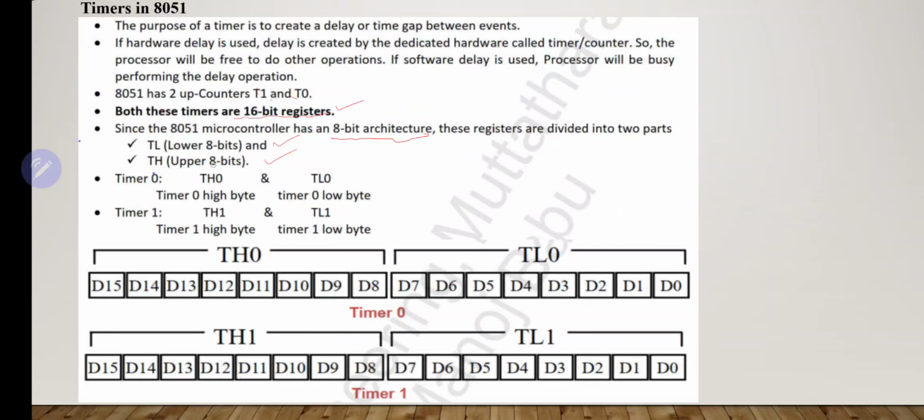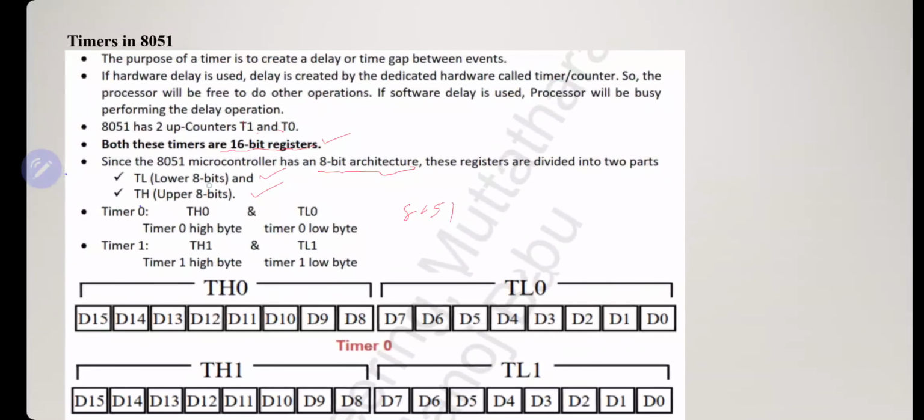That is, upper 8-bit register and lower 8-bit register. 8051 is an 8-bit microcontroller, but it has timers with 16-bit registers. So the 16 bits can be used as two 8-bit registers, that is TL and TH.